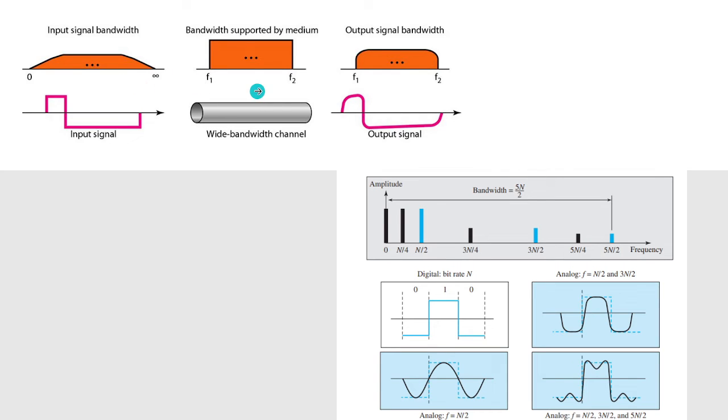The signal passes through the channel, and at the output side we are not receiving our original input data, but we are also not getting much distortion in our signal.